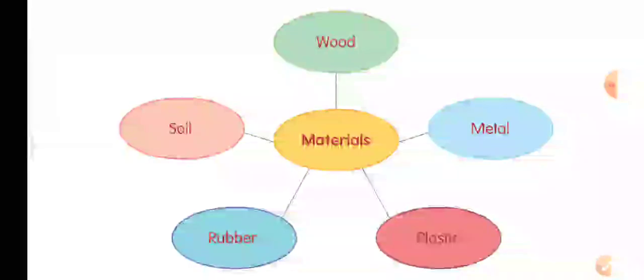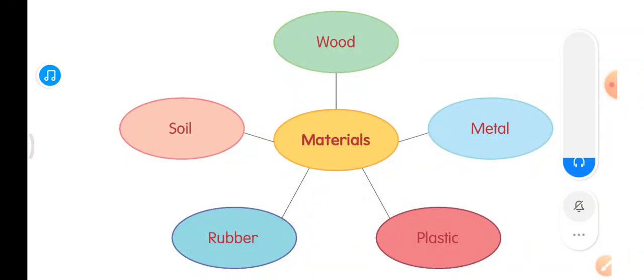Take out your classwork and draw this word web in your classwork. So we are going to draw a word web. Inside the circles we are going to write the different types of materials with which things are made. Okay, materials: wood.